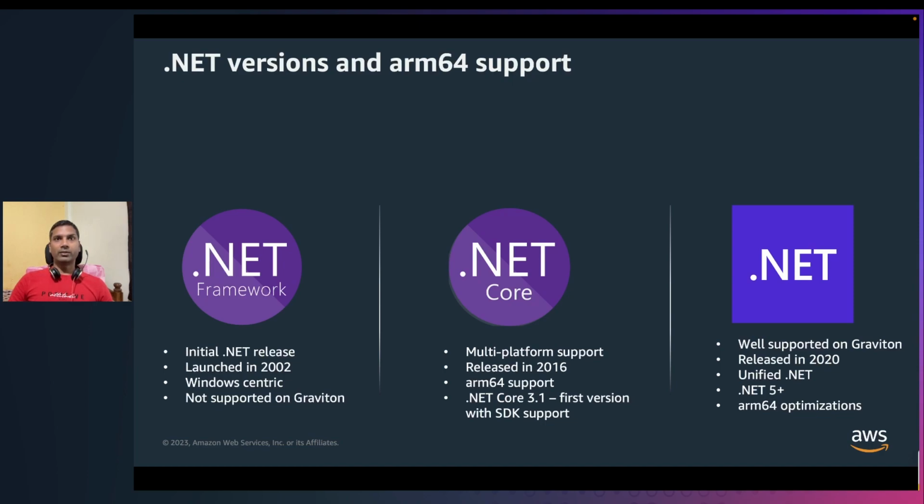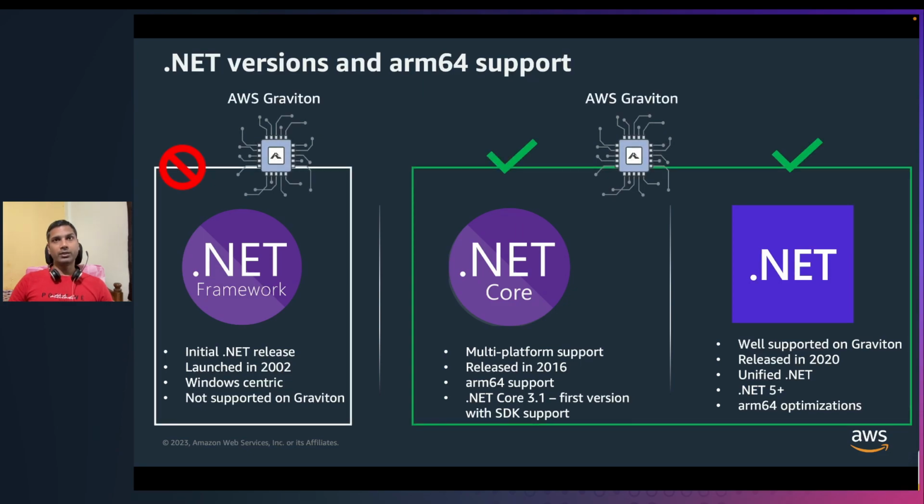All unified .NET versions, that is .NET 5, .NET 6, and .NET 7, are well supported on Graviton processors. In summary, .NET Core 3.1 Plus and .NET 5 Plus are supported on Graviton instances, whereas .NET Framework isn't supported on Graviton instances. However, there are strategies using which you can port .NET Framework applications to Graviton instances, which I will talk about in a later part of this video.